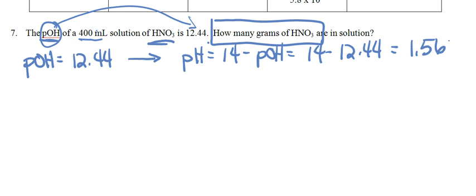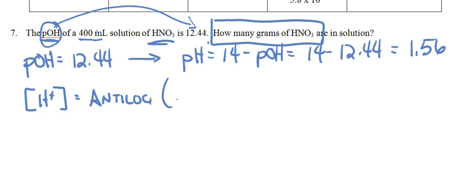Once you have the pH, it's very easy to find the hydrogen concentration by taking the antilog of the negative pH, and if you have the concentration, you have the molarity for that hydrogen, which is your strong acid.